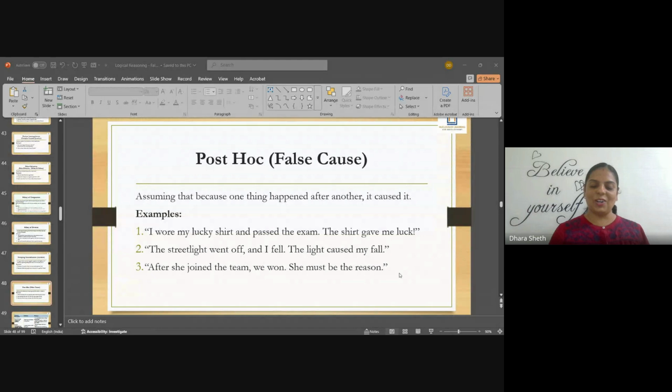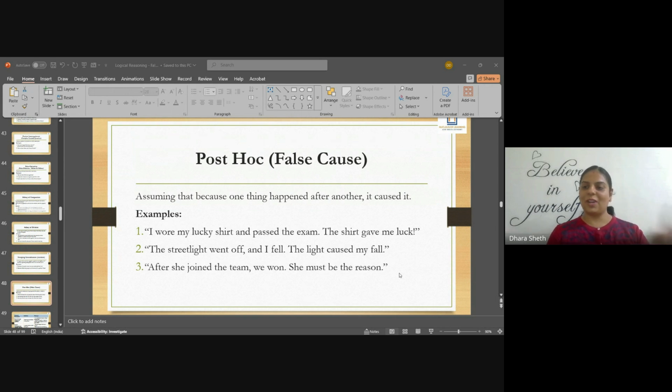You will remember a lot of it from incidences from your life. I wore my lucky shirt and passed the exam, so the shirt gave me luck. I wore wrong socks today and got first prize, so because of that, I got first prize. No talent, no hard work. The street light went off and I fell. So because of that light, I fell. After she joined the team, we won.